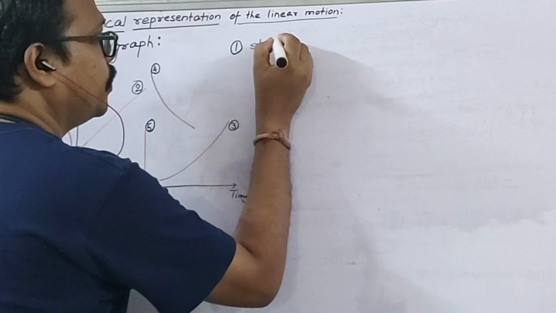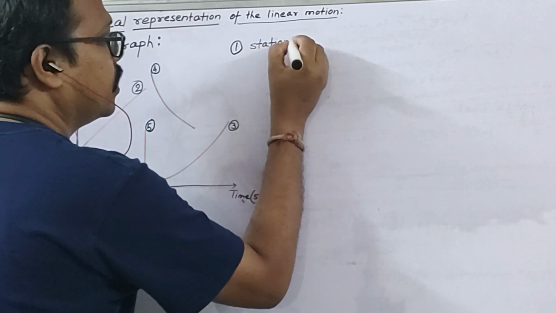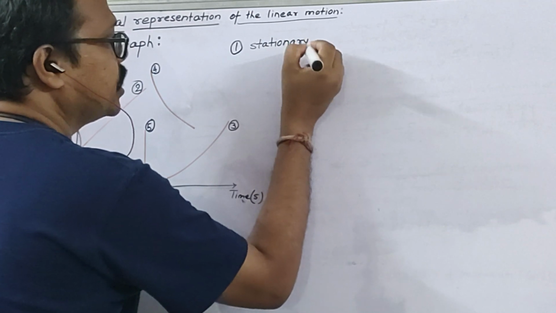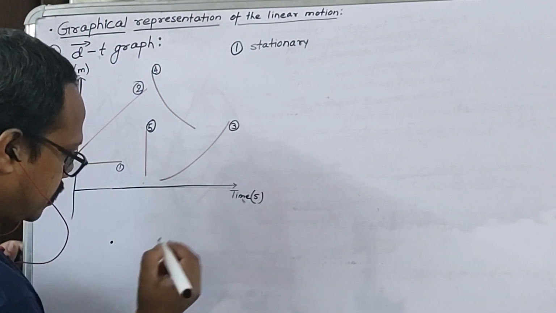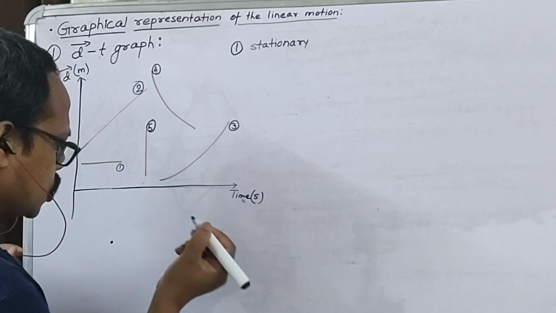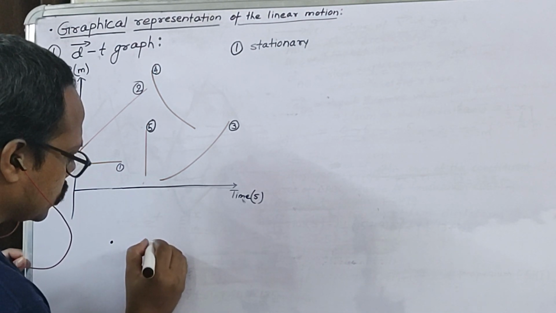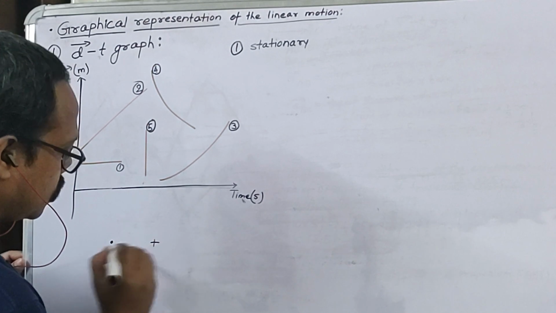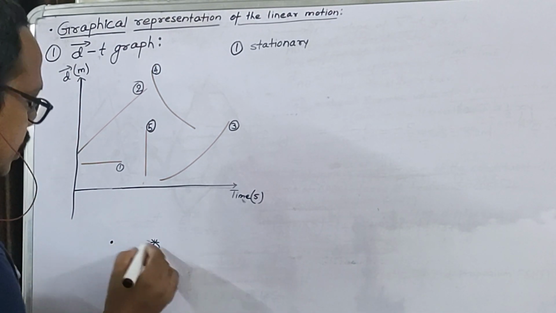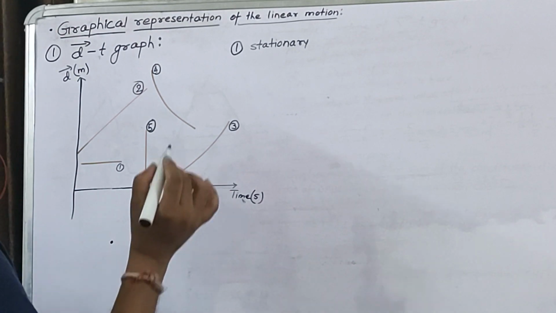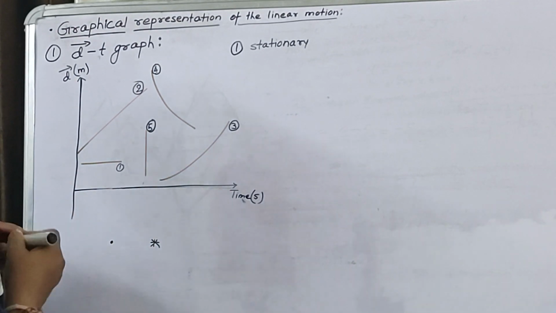Suppose this is the starting point from which we are calculating the distance. The body is here, its position is not changing, displacement is the same. So it is stationary.